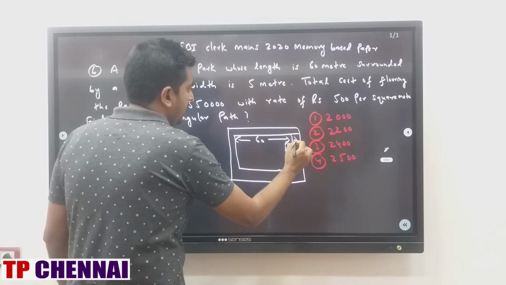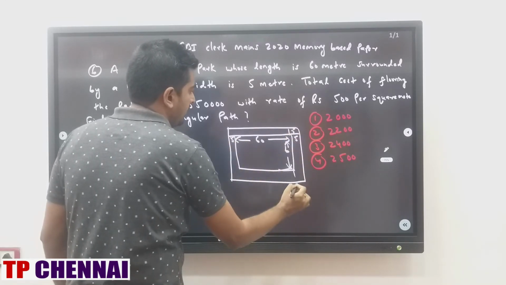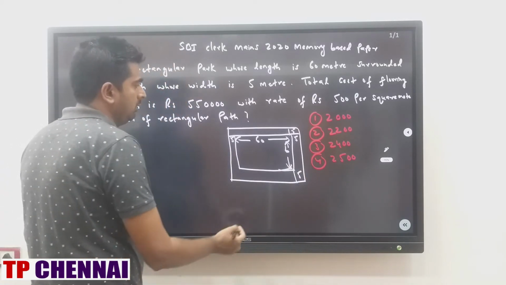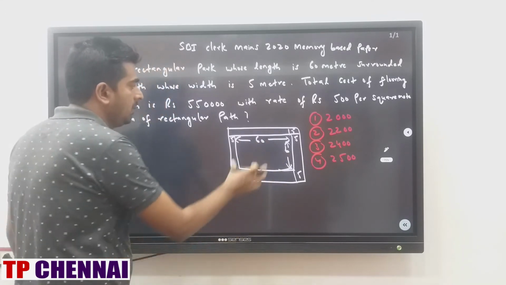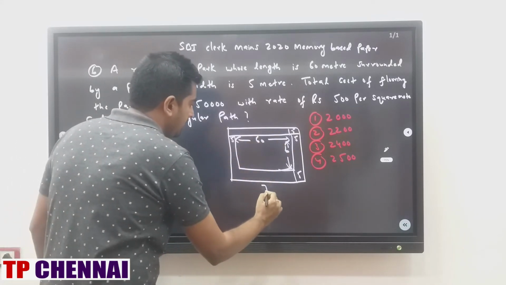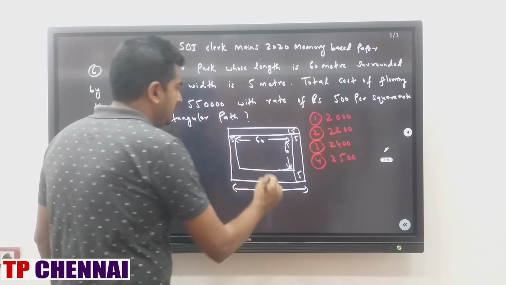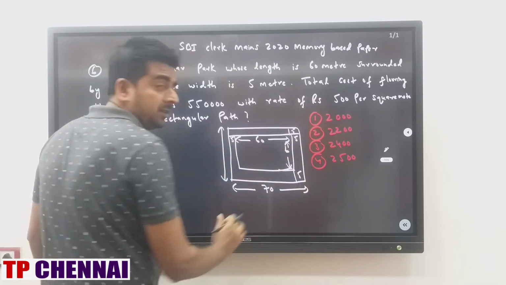This is 5. This is also 5. This is also 5. This is also 5. So the total length of the surrounded path is 60 plus 5 plus 5, 70. And the breadth is nothing but how much? This B plus 5 plus 5. So B plus 10.